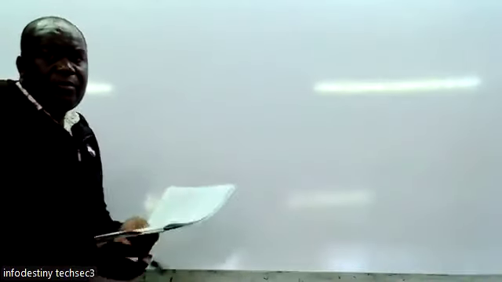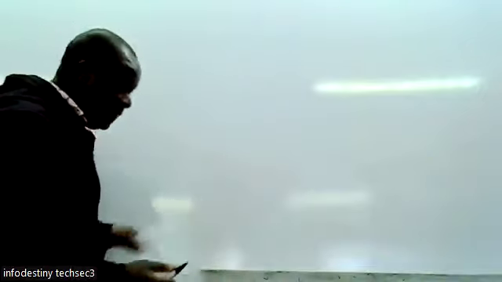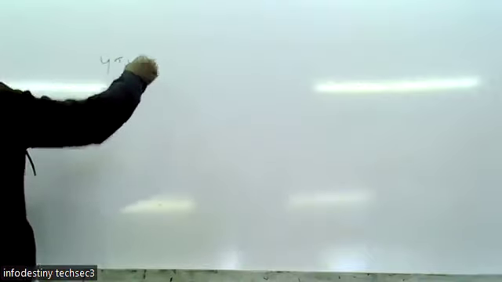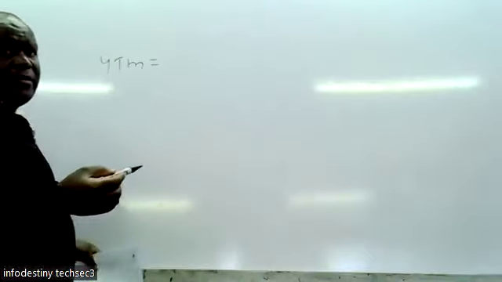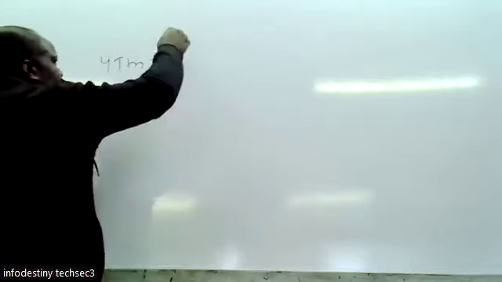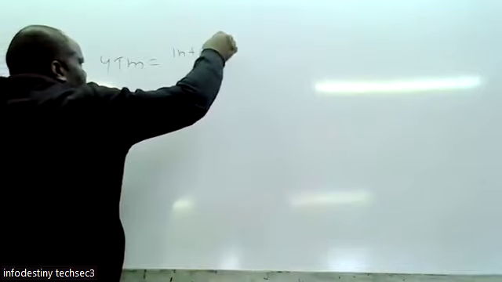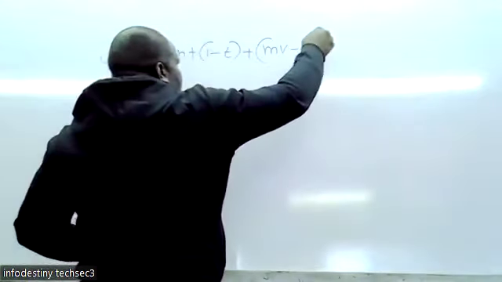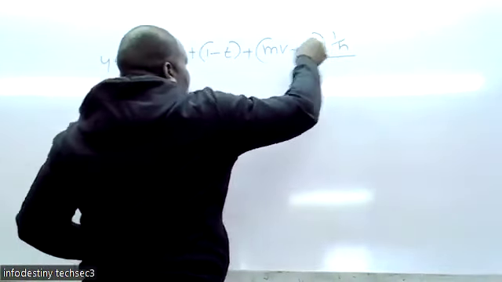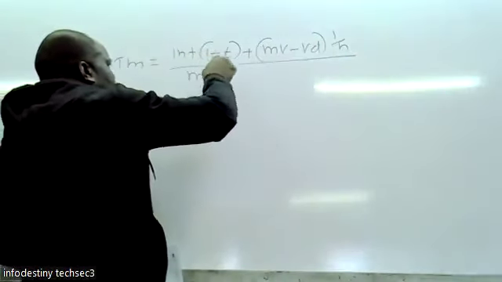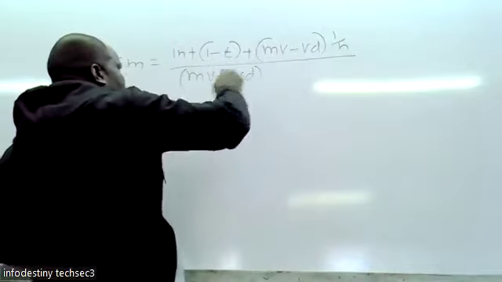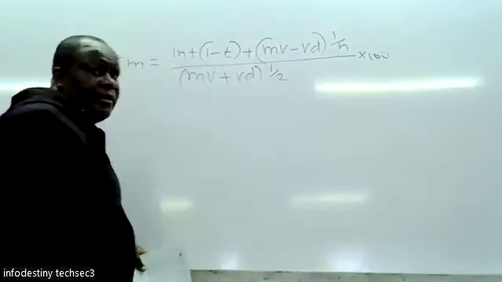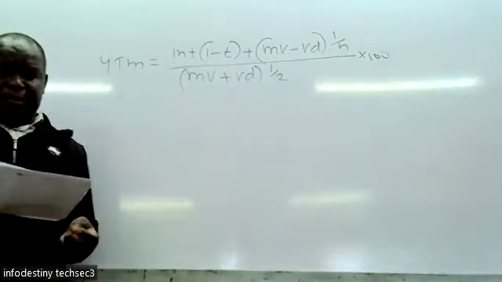Remember, it was interest, then 1 minus the corporate tax, then we add maturity value minus the current value, 1 over n, also divide by maturity value plus the current value, multiplied by 1/2. Then express it as a percentage.